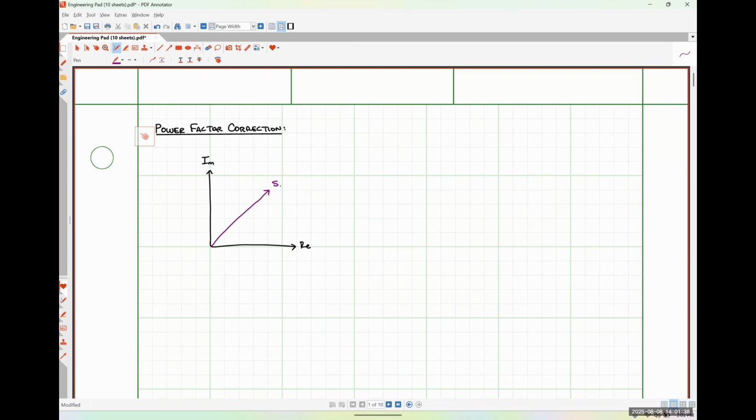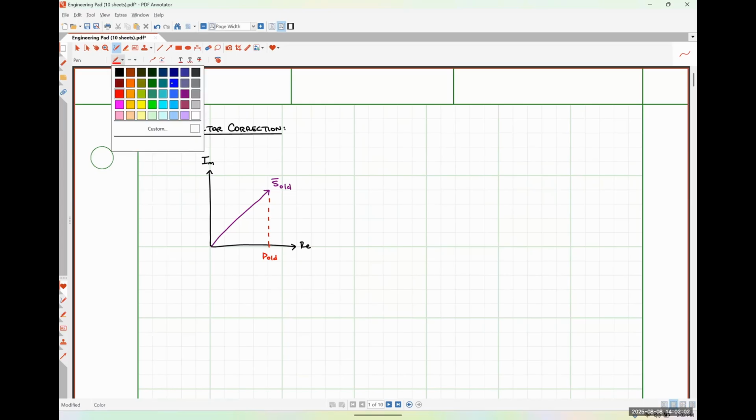I'm going to call this complex power S old. And it represents what our complex power for our load is doing prior to power factor correction. The projection of S old onto the real axis is going to be P old, our average power prior to power factor correction.